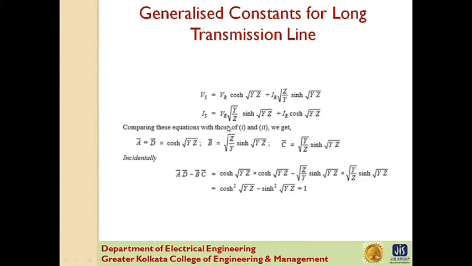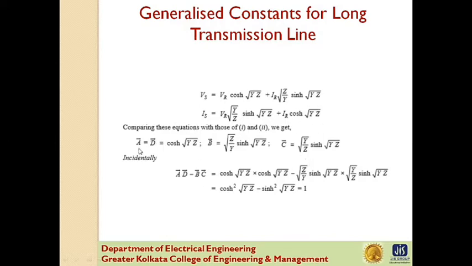And if we compare the equation Is equals C into Vr plus D into Ir with Is equals Vr root over y by z sinh root over yz plus Ir into cosh root over yz, C is equal to root over y by z sinh root over yz, and D is equal to cosh root over yz.